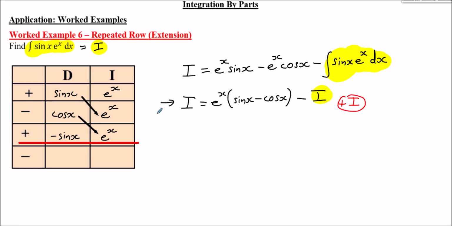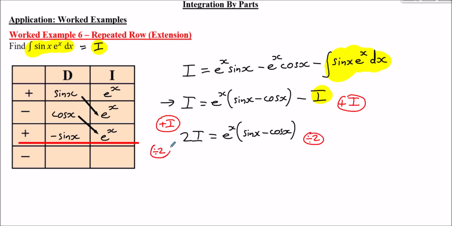So if I add I to both sides, I get that two lots of my integral, two lots of big I, is e to the x, sine x minus cosine x, and simply divide both sides by 2. I therefore see that the integral, which we defined to do this, is just going to be 1/2 of e to the x multiplied by sine x minus cosine x. A thing of beauty.